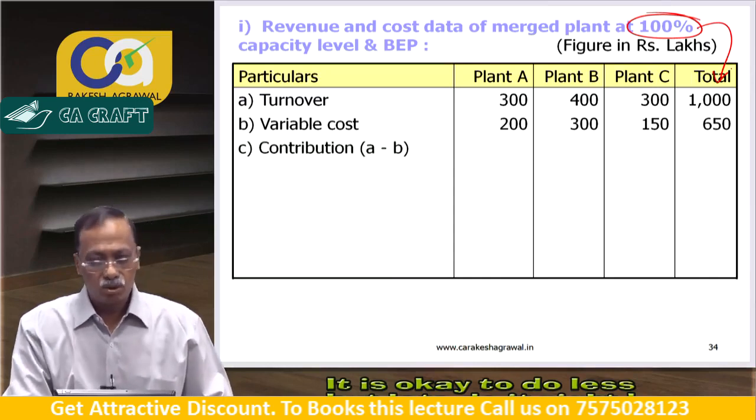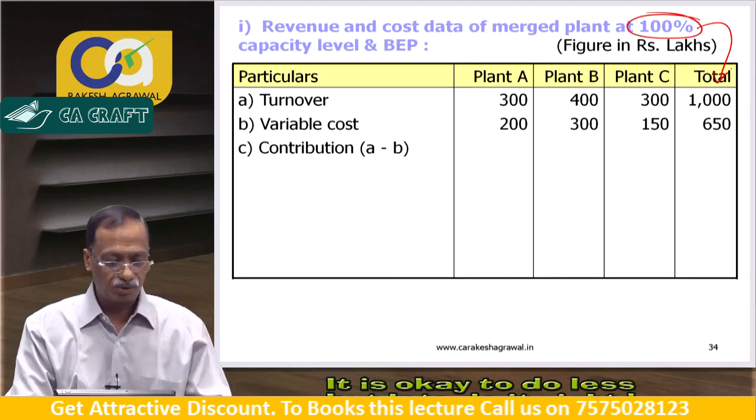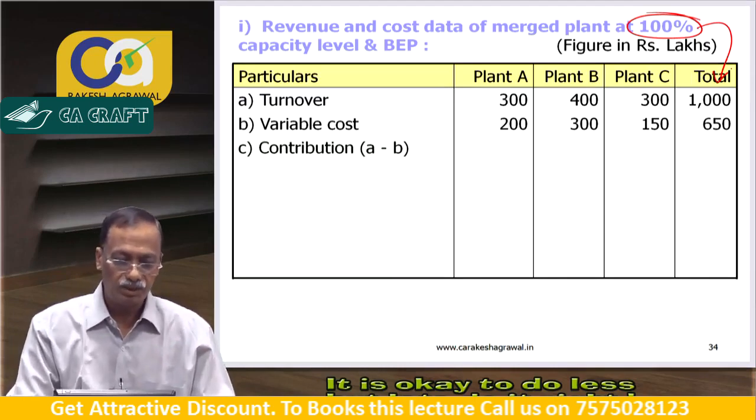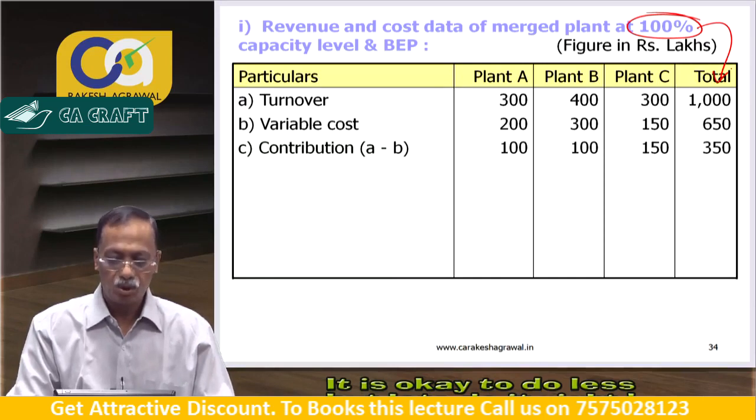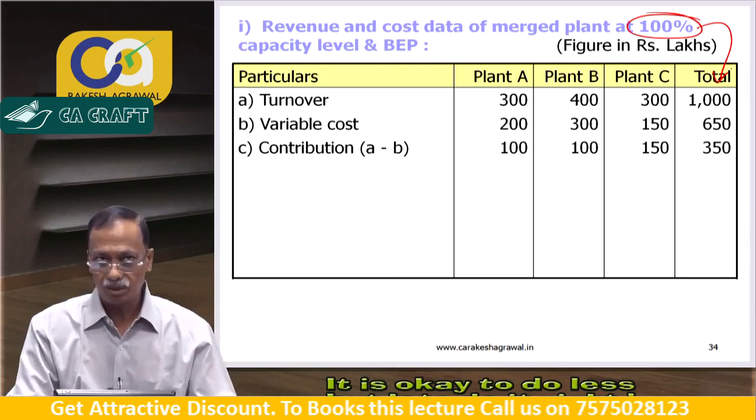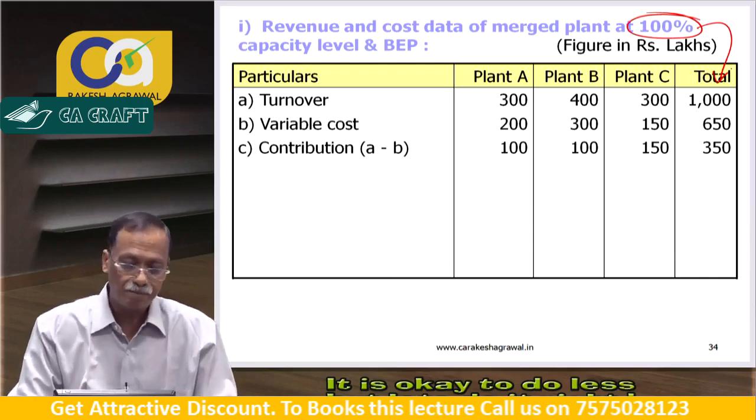I will calculate contribution also because we will need it for solving. So contribution, point number C, contribution, A minus B, that is 100, 100, 150, total is 350. So if you operate your merged plant at 100% capacity, you will be able to earn a contribution of 350 lakhs.